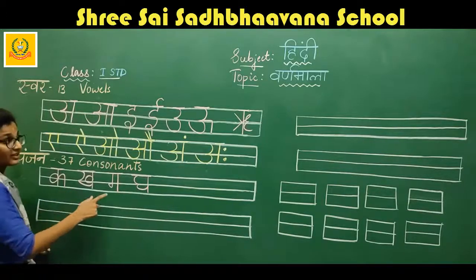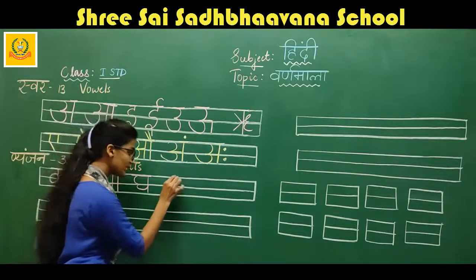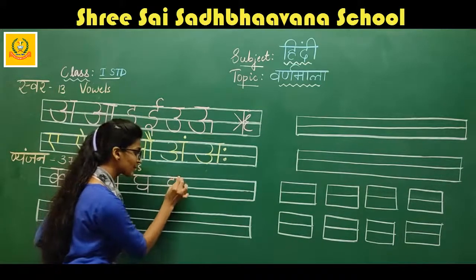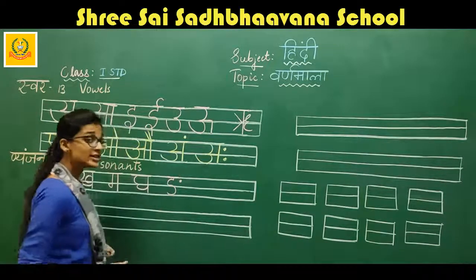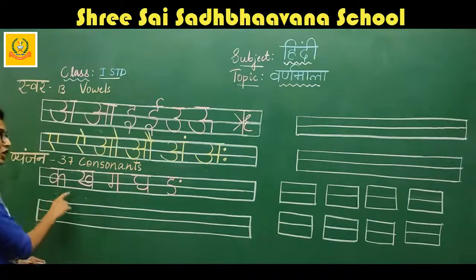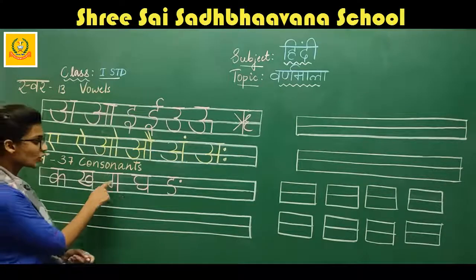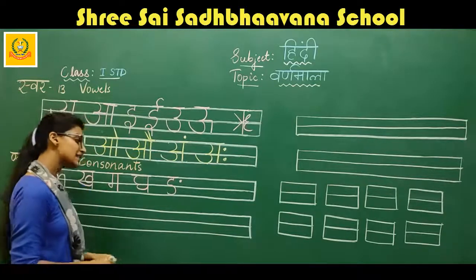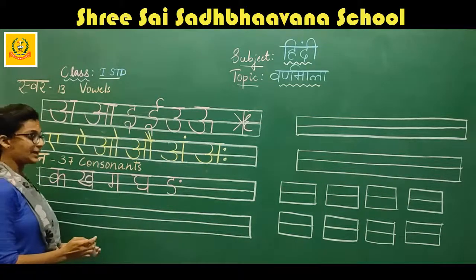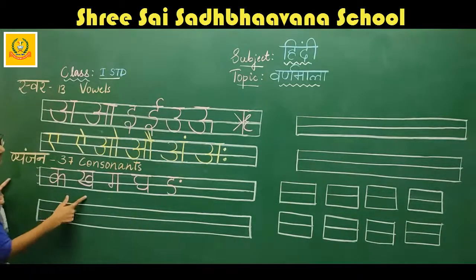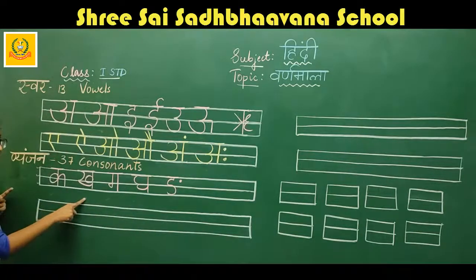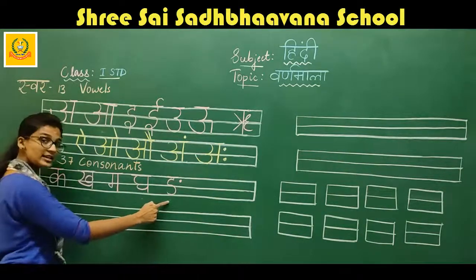Kha, kha, gha, gha. Children, in the first class I had told you, you have to touch all the three lines. Did we touch all the three lines while writing? Yes, we touched all the three lines while writing. This is kha, kha, gha, gha.